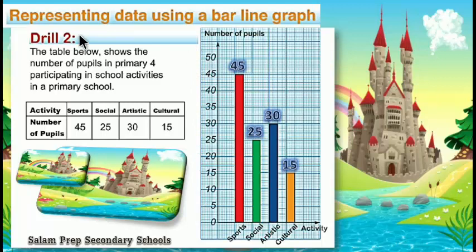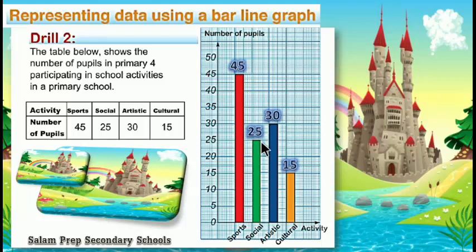Now we need to represent data. Please look at sports, okay? We will make a bar. We will go up until we reach 45, like this, okay? The second bar, social, we need to go up until we reach 25.